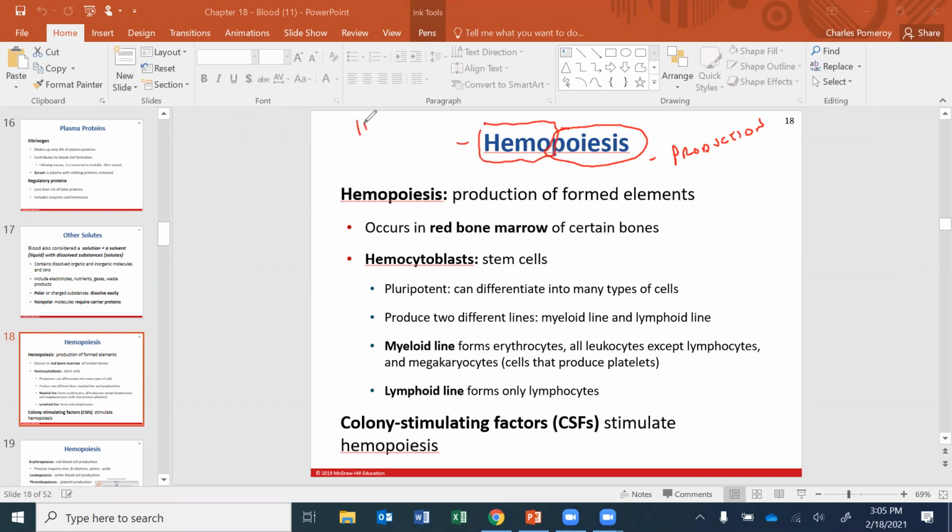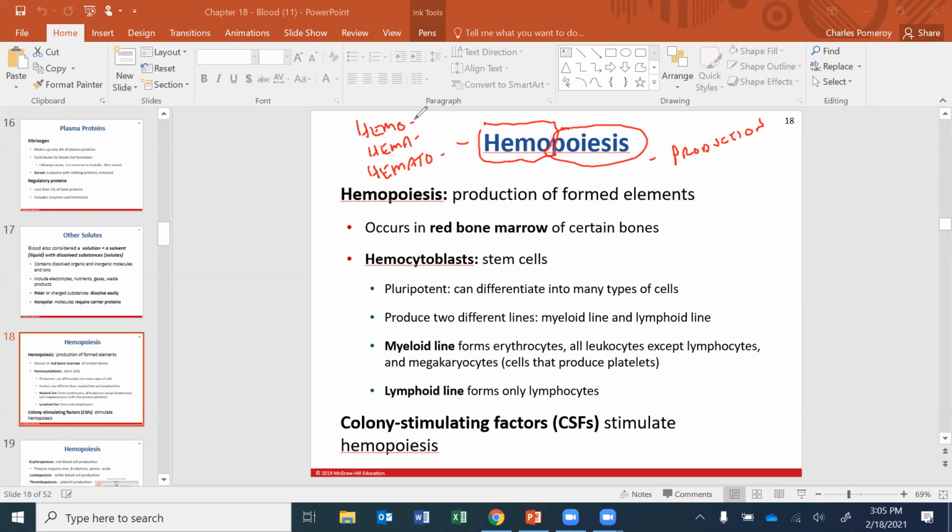You might see hema, or you may even see hemato. People pronounce it different ways. So all those basically mean the same thing. So you might see hematopoiesis as another word to talk about this process. So all those mean the same thing, blood.